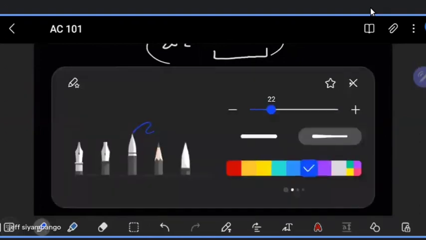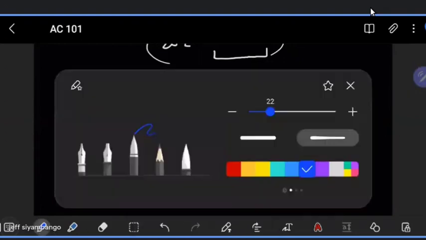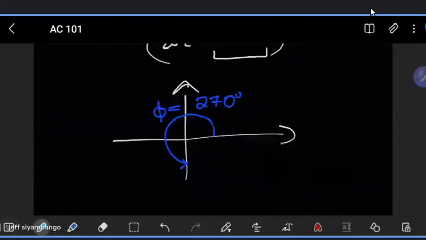But if this is phi, which equals positive 270, we can achieve the same result by going the other way until we reach that point.